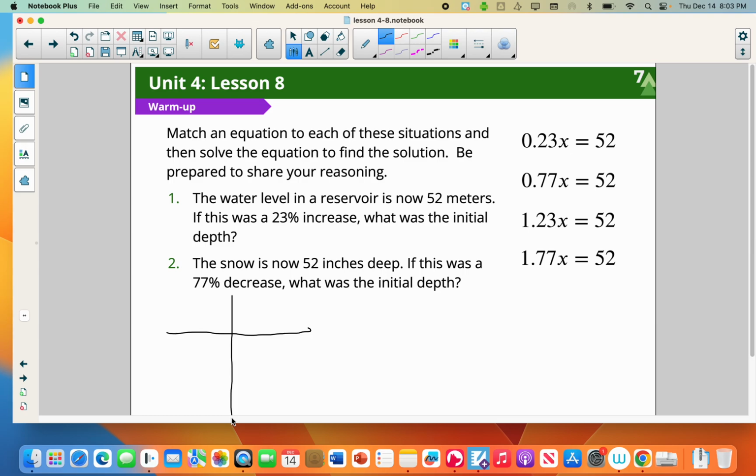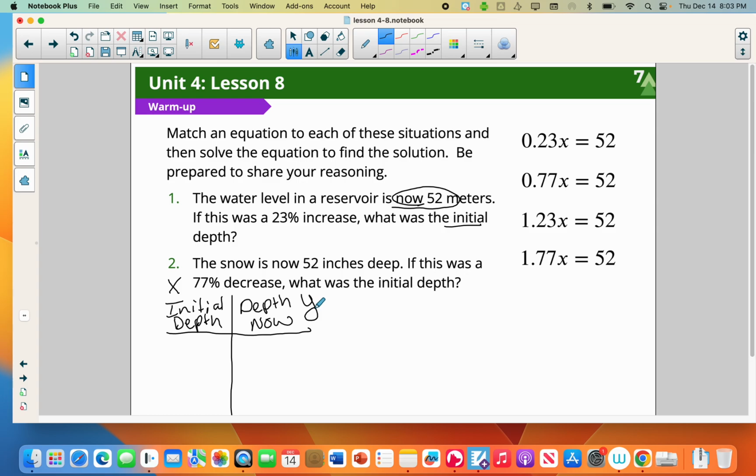And so I have now 52 meters. What was the initial depth? So I'm going to put initial depth because that comes first. And the depth now. So my initial depth is going to be my x, and my depth now is going to be my y.